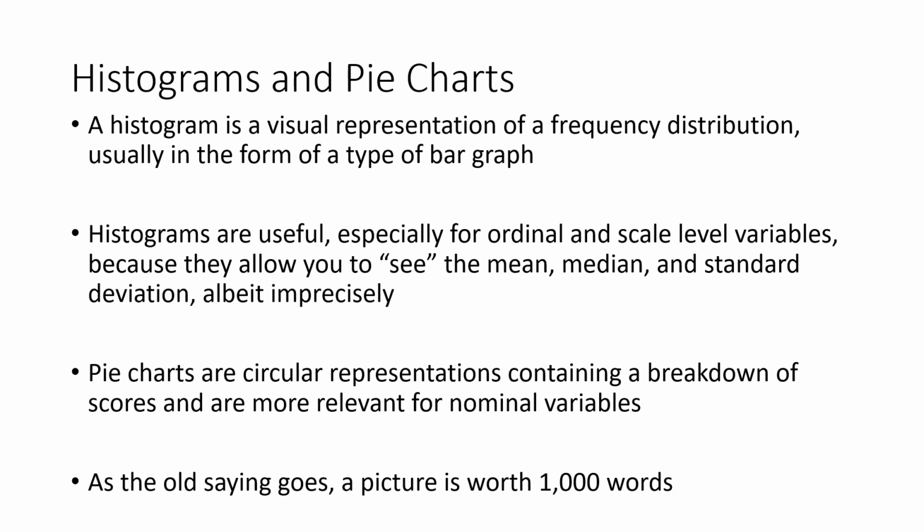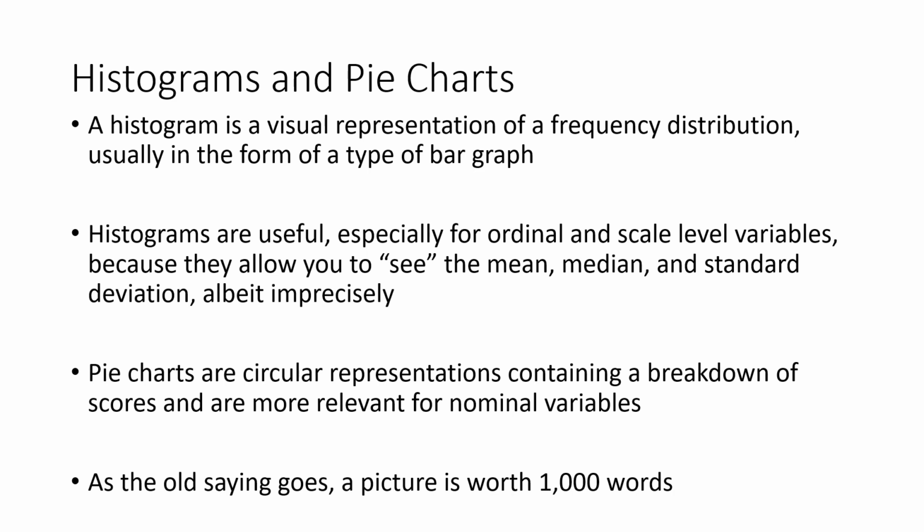But if you have a histogram, you can at least get a sense of how those scores are distributed just by looking at it. Pie charts, I'm sure you've come across these at some point in your lives, are circular representations, and they contain a breakdown of scores. Generally speaking, pie charts are more relevant for nominal level variables than they are for ordinal or scale level variables.